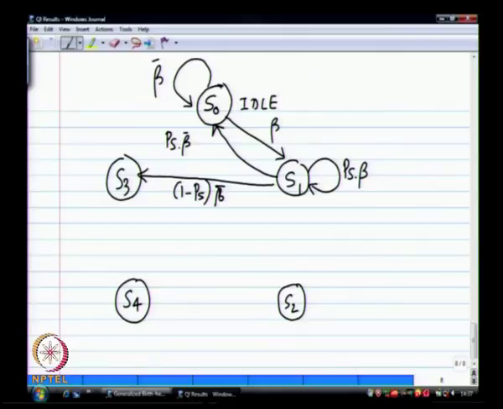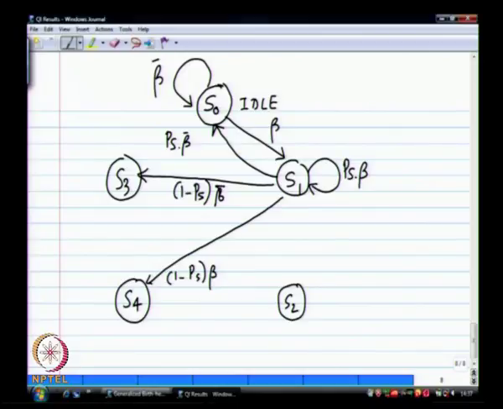And I have one more transition. It is possible that I tried to send, it failed, and in between another packet also came. So that is the set of transitions. Then S2 is kind of stuck.